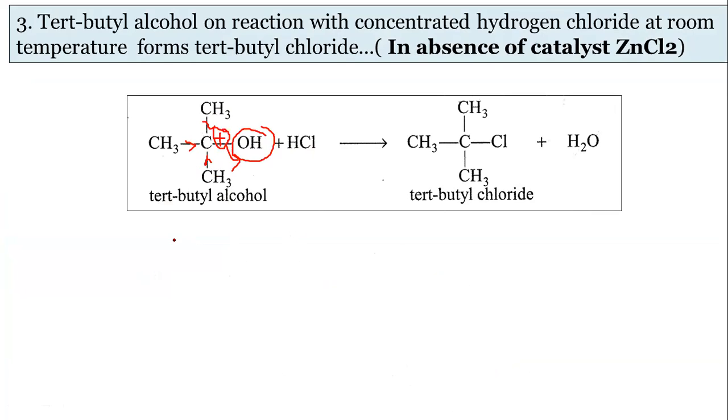This CH3 donates its electron to this carbon, so this carbon will be stabilized. That's why tertiary alcohols are most reactive, and the carbocation is most stable. In the absence of catalyst it can react to give tertiary butyl chloride. This OH is replaced with this chlorine.